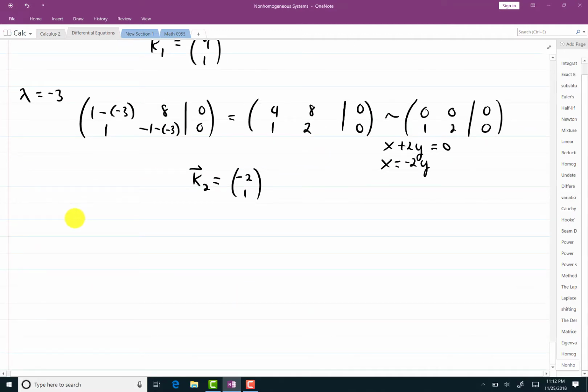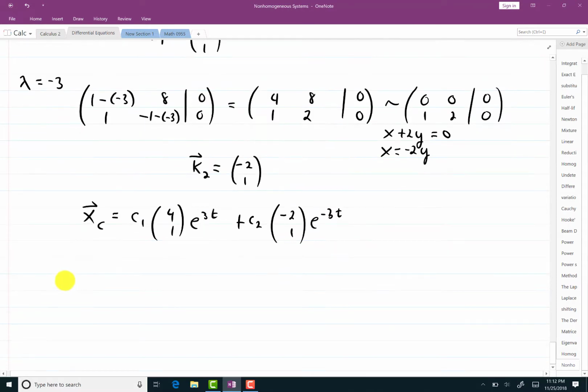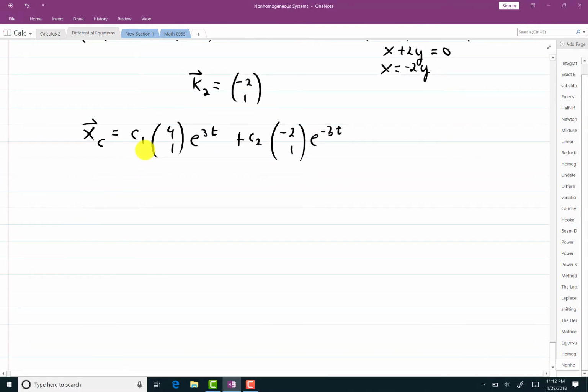So I have my complementary solution, I had C1 4 e to the 3t plus C2 negative 2 e to the negative 3t. Now we form our matrix phi.